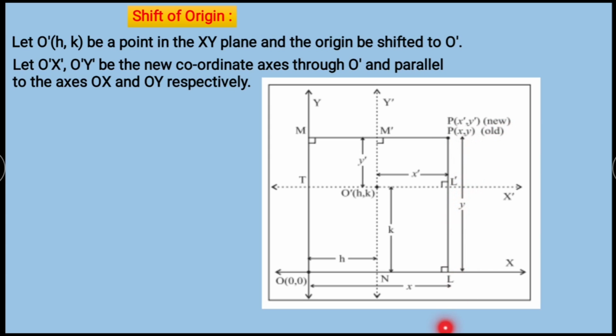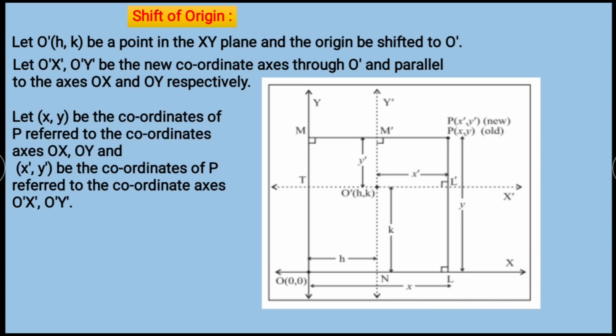So here if you observe, with the help of this consideration we explain this shift of origin. Here let (x, y) be the coordinates of P referred to the coordinate axes OX and OY, and (x dash, y dash) be the coordinates of P referred to the coordinate axes O dash X dash, O dash Y dash.